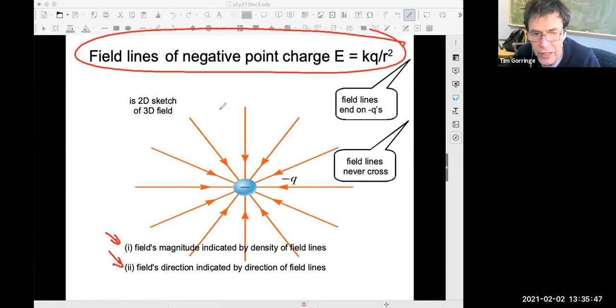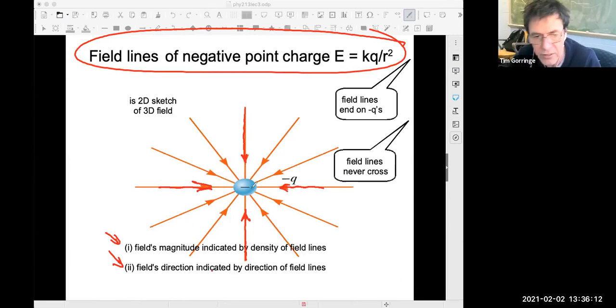The field of a negative electrical charge points towards the negative charge. So this field line upstairs points downwards towards the negative charge. This field line down here points upwards towards the negative charge. The field line on the left points towards the right to the negative charge, and the field line on the right points towards the left, towards the negative charge.